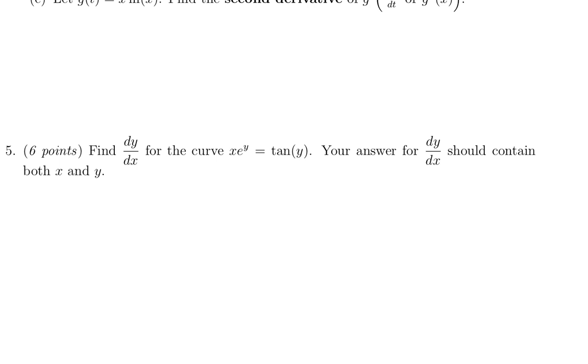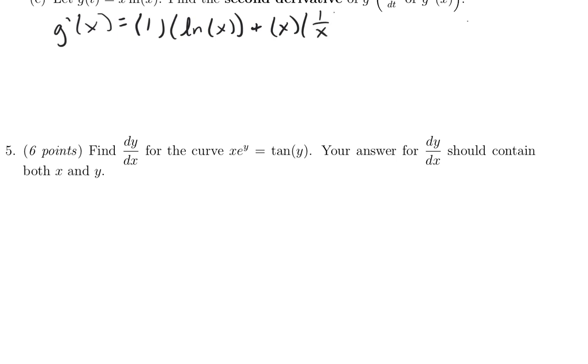All right, for this one, we're going to find the second derivative of this function. So for the first derivative, we have to do product rule since there's two functions of x being multiplied by each other. So we're going to do derivative of the first times the second plus the first times the derivative of the second.